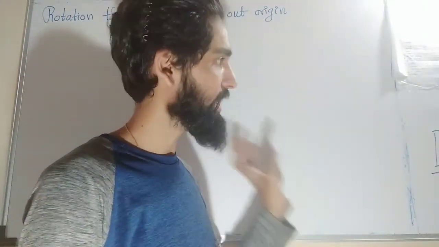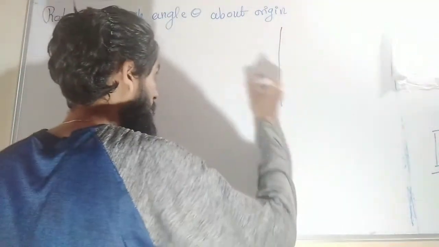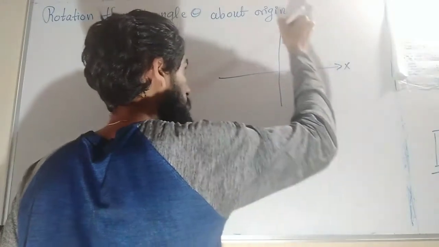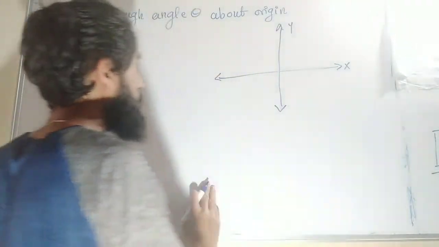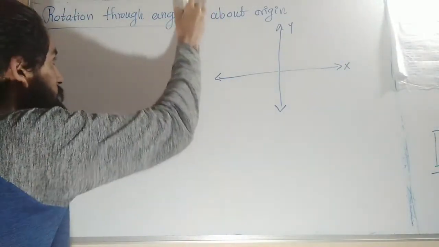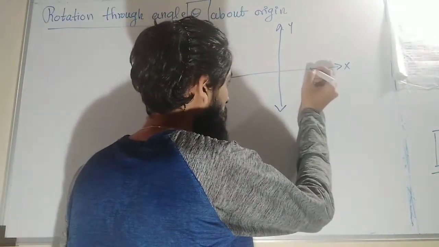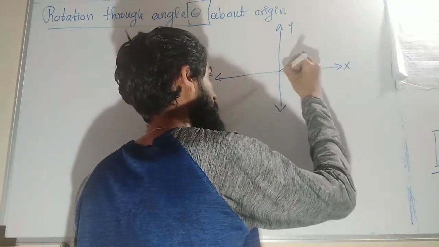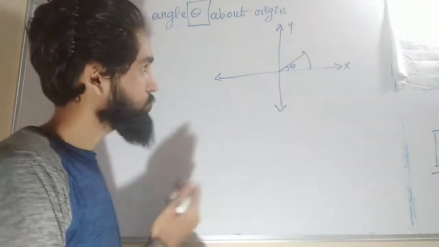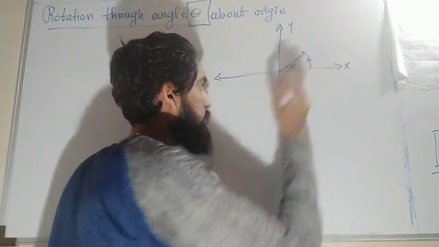Just to represent it diagrammatically and simply, I am assuming theta is acute. So I am considering my x and y plane. I want to represent a rotation by angle theta. That means any point over here will get rotated till this, where the angle is theta. So this is nothing but the map. This point will get mapped over here. The direction is anti-clockwise.